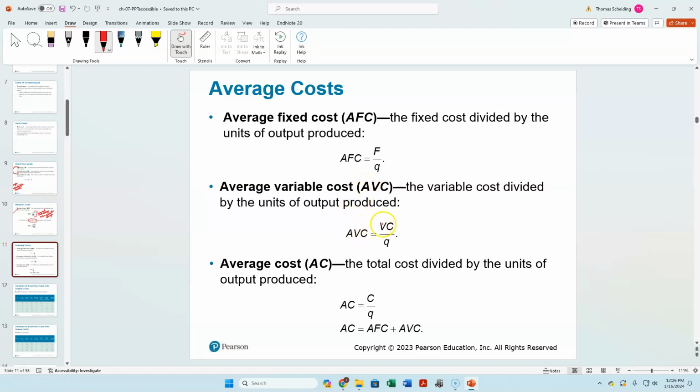My average variable cost is my total variable cost divided by quantity, and my average cost is my total cost divided by my quantity. Sometimes this is called average total cost, or ATC, equaling my total cost divided by my quantity.